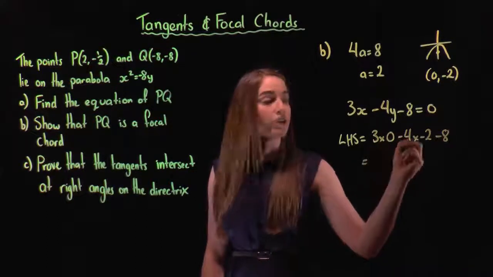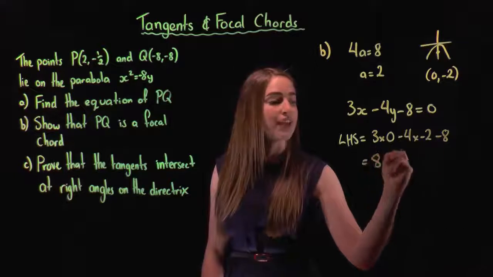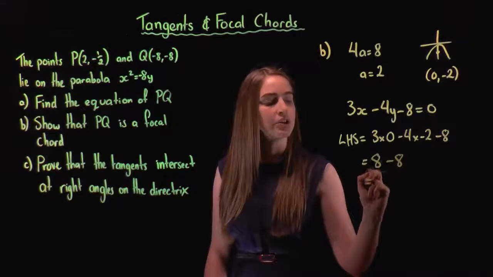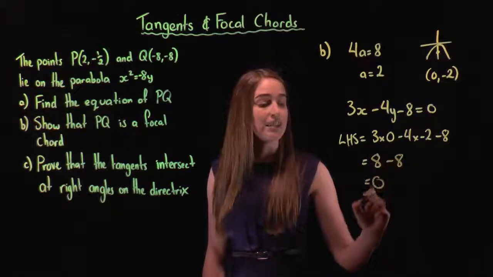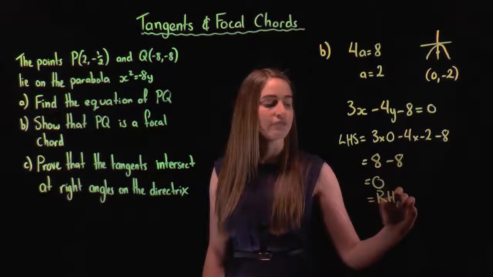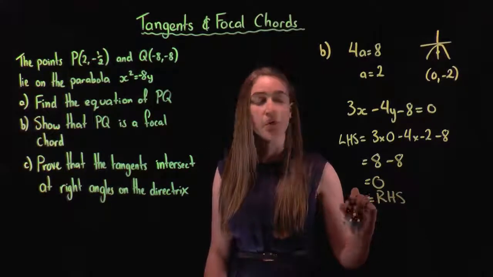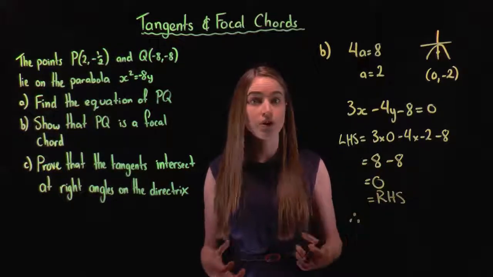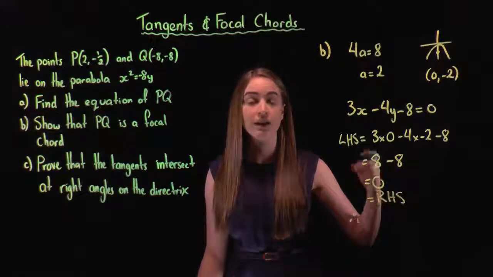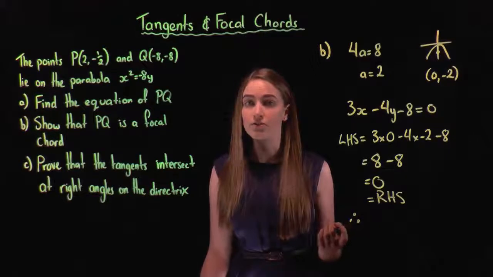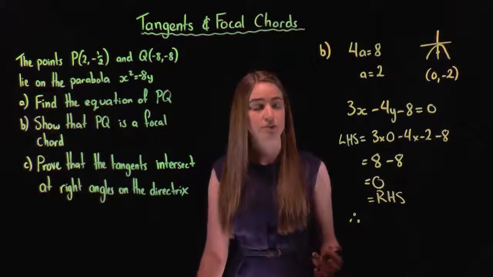That gives us 0, plus 8, and then minus 8, which equals 0, our right-hand side. Because the coordinates of the focus satisfy the equation of our chord, the chord passes through the focus, and therefore it is a focal chord.